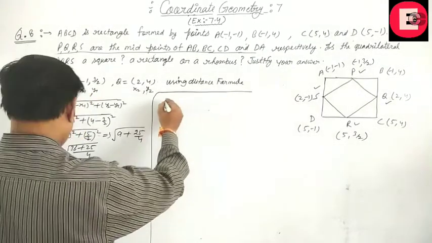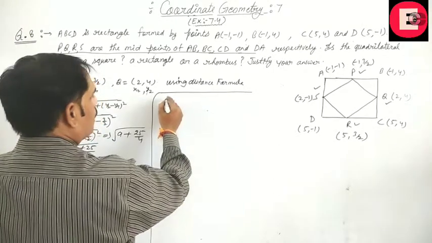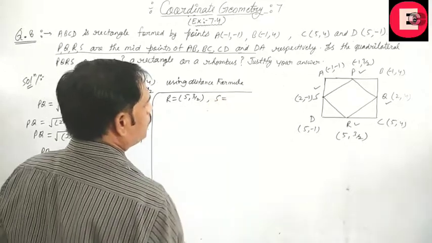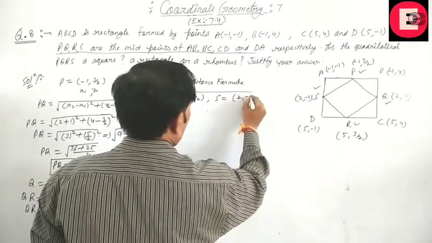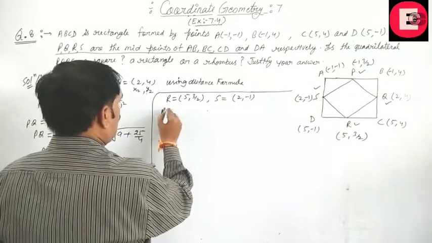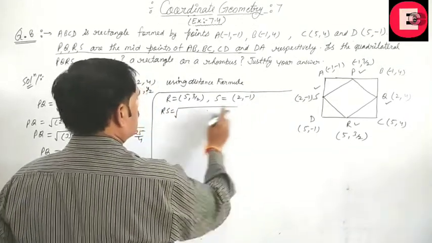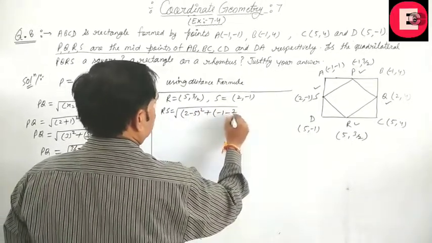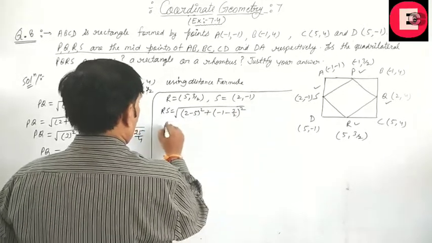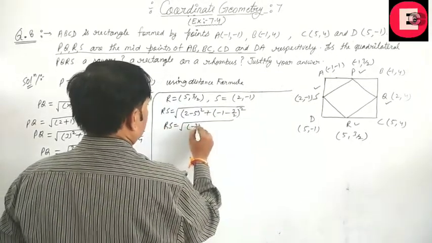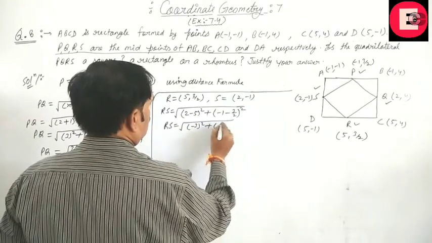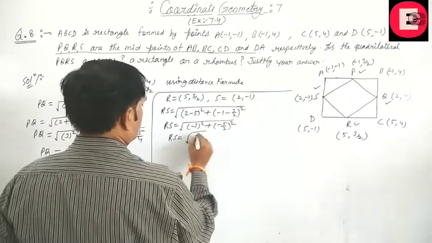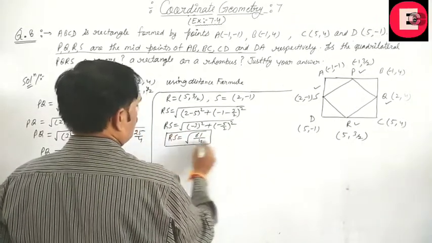Now for side RS, R is equal to (5, 3/2) and S is equal to (2, -1). So RS is equal to the square root, again using the distance formula, of (2 minus 5) squared plus (-1 minus 3/2) squared. So RS is equal to (-3) squared plus (-5/2) squared, which is also the square root of 61/4 units.